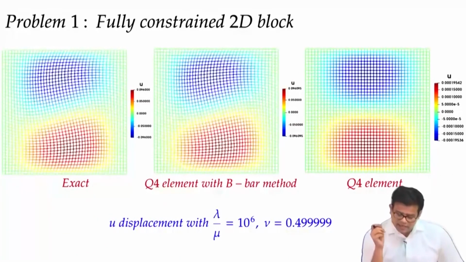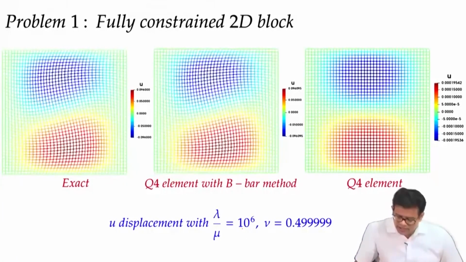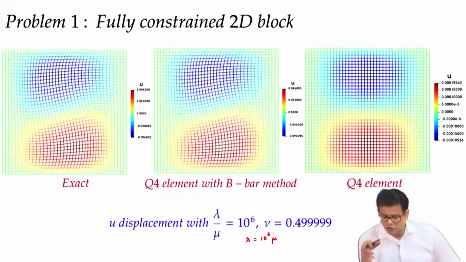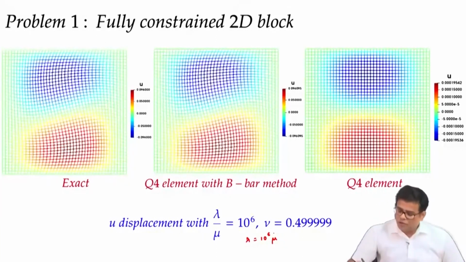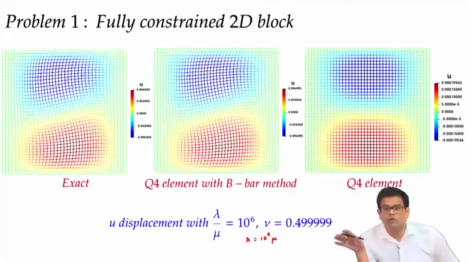Now the lambda by mu ratio I have taken as 10 to the power 6. So lambda is essentially 10 to the power 6 into mu, where mu is the shear modulus. The shear modulus we have taken as 40, so 40 into 10 to the power 6 is my lambda. Corresponding to that, the Poisson's ratio is 0.49999. So it is almost incompressible.